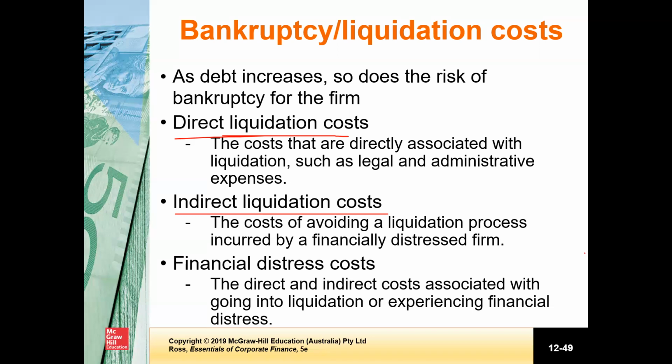Normal operations are disrupted, sales are lost, valuable employees leave, potentially fruitful programs are dropped to preserve cash, and otherwise profitable investments are not taken. So these are all indirect liquidation costs or costs of financial distress, whereas direct liquidation costs, as I already indicated, are legal and administrative expenses.